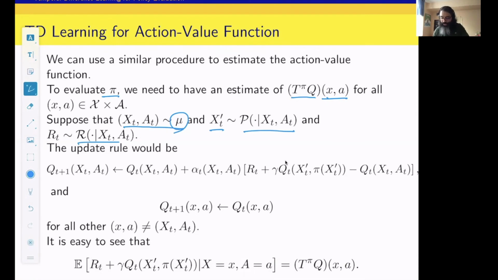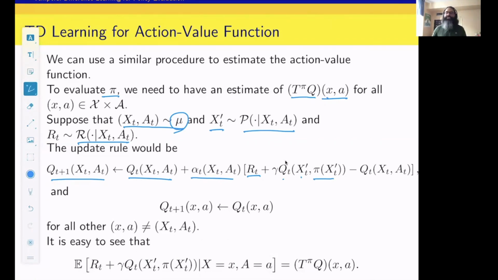When we want to update this, we update it like this. Q_{t+1} at x_t, a_t would become Q_t plus alpha, the learning rate, times this quantity, which is the reward, plus gamma times Q_t evaluated at x prime_t with the action selected by the policy at x prime, so it would be pi of x prime_t.